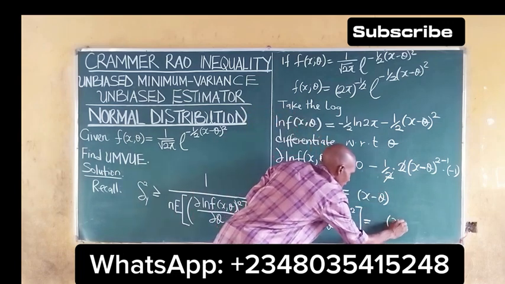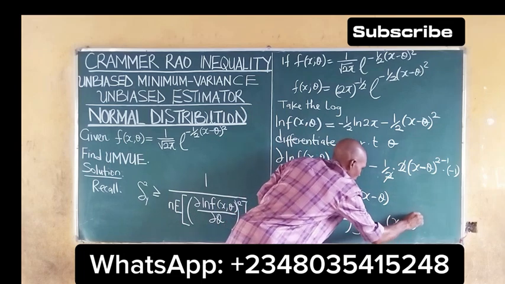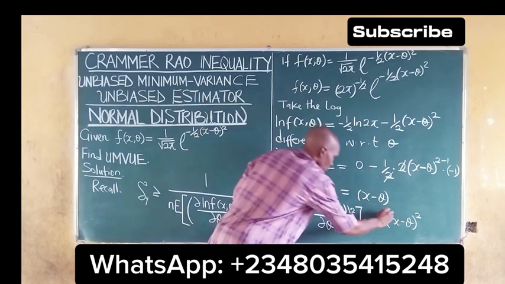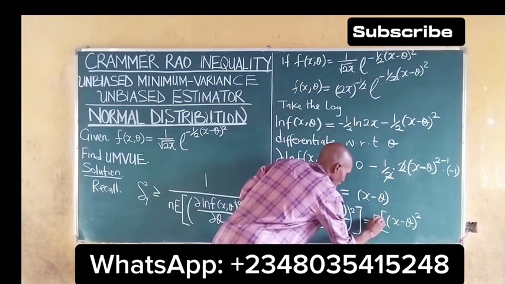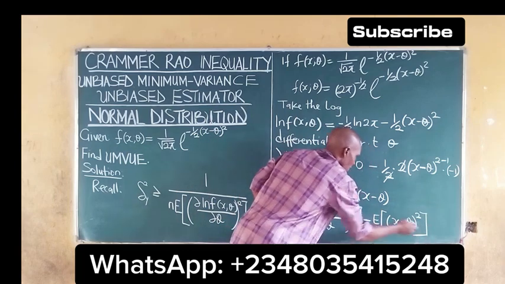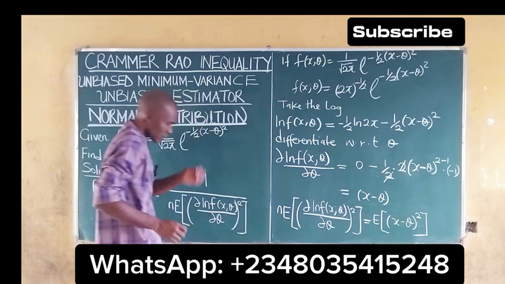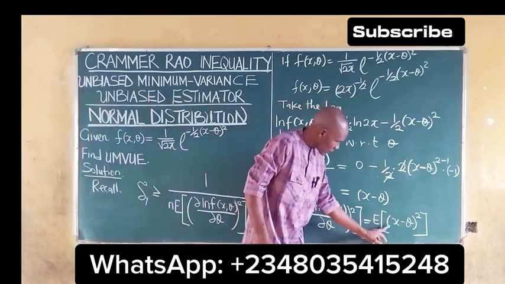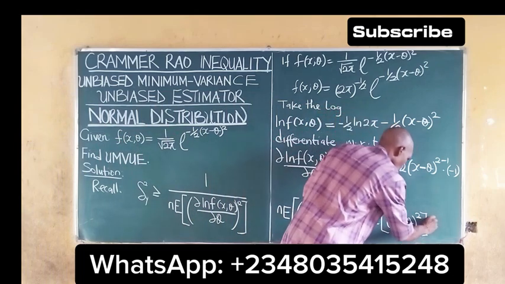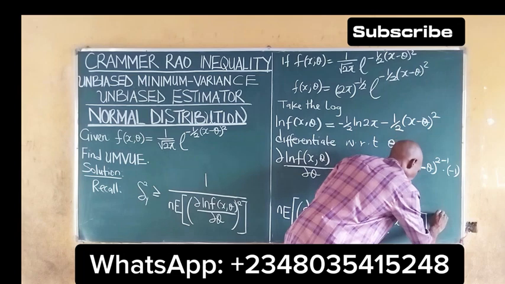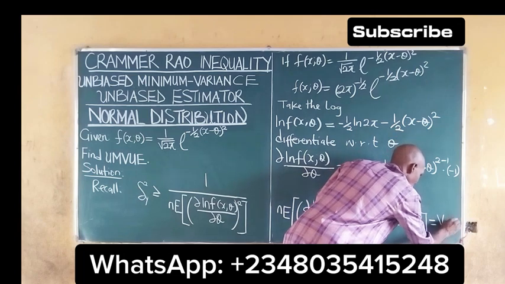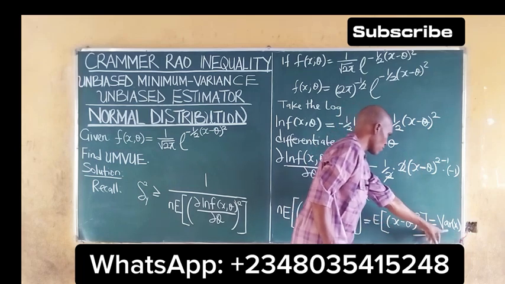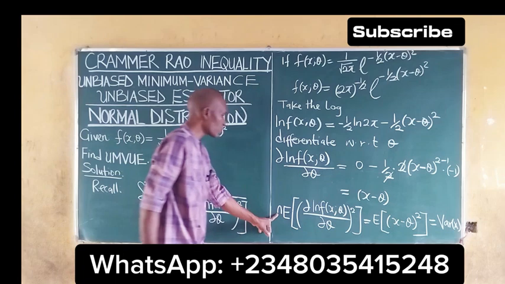We get x minus theta squared. We are also putting our expectation, which is the expected value of this. So now we know that the expected value of this is also equal to the variance of x. The expected value of the whole of this is equal to the variance of x. Now we've not put our n.